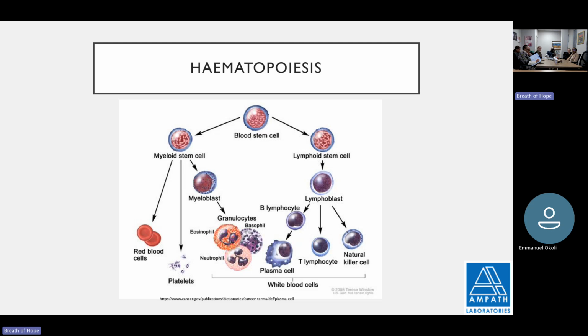And somewhere in that maturation process, a mutation occurred, and you'll sit with a plasma cell producing one type of antibody. And that antibody is what we will detect in the serum free light chain, as well as the SPEP, or the serum protein electrophoresis. The other leg of your lymphocytes is your T lymphocytes and your natural killer T cells. But we're going to focus today on the plasma cells.